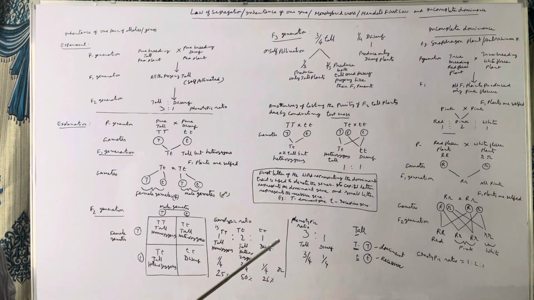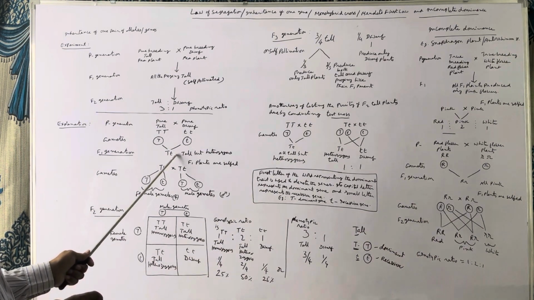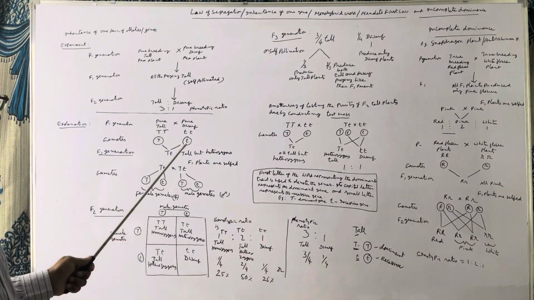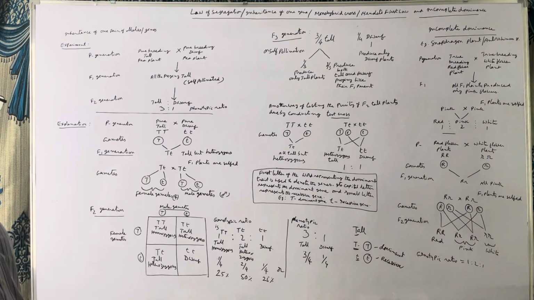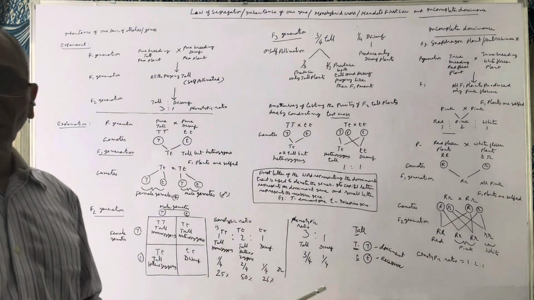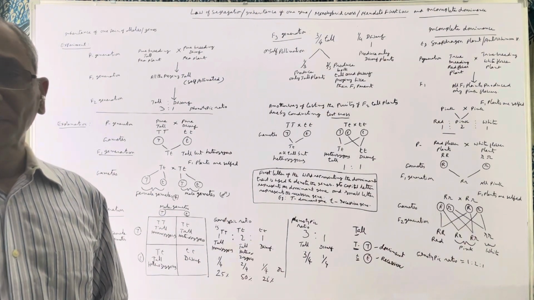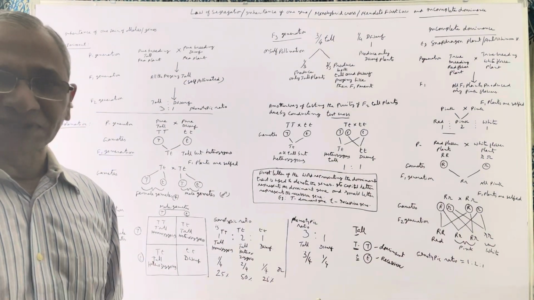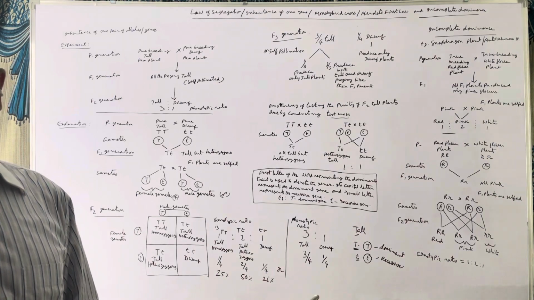And also, there is no blending of the traits. Blending means mixing. No intermediate forms appear here in F1 generation of Mendel's first law. Why? This is because of total dominance or complete dominance. That means the dominant gene completely suppresses the recessive gene.